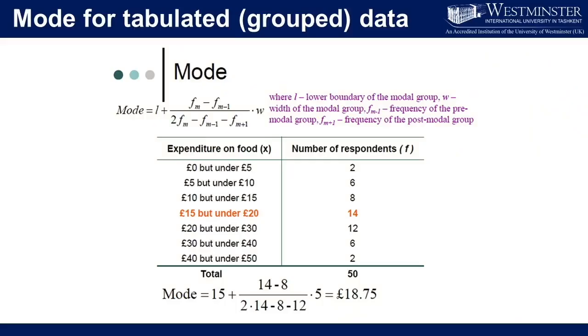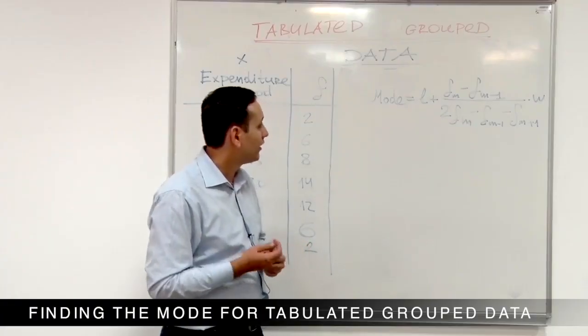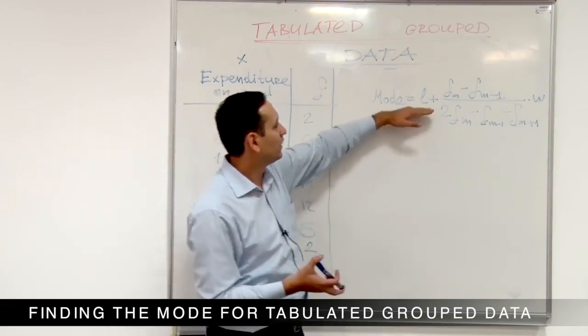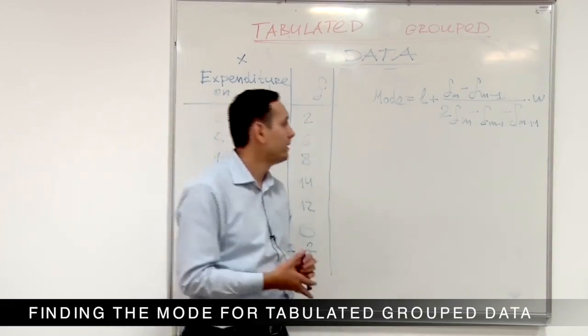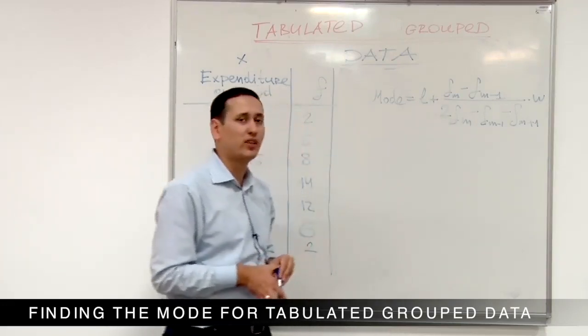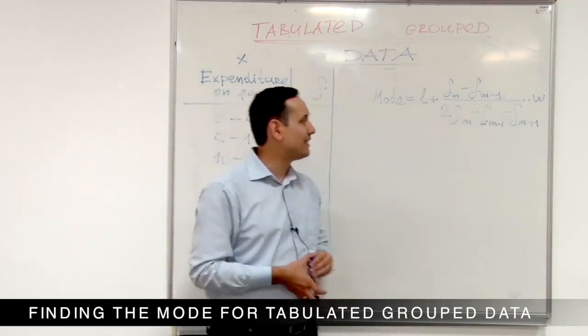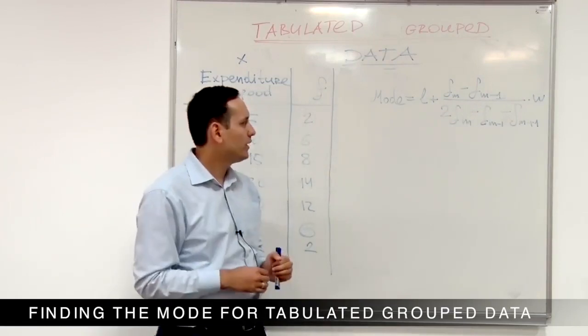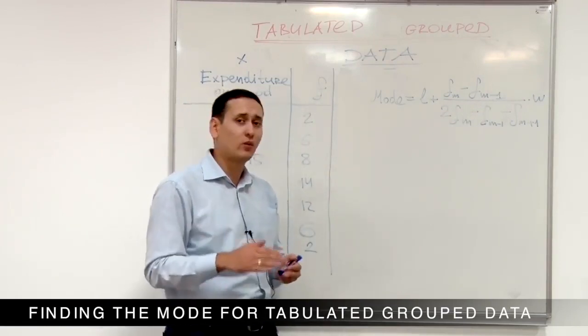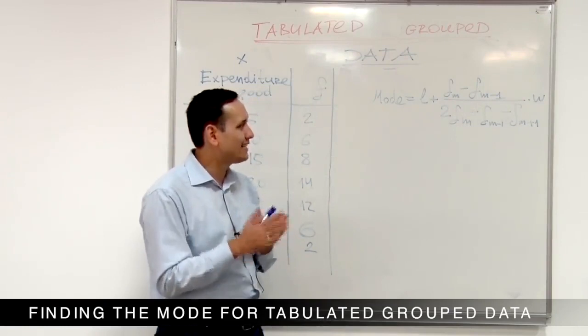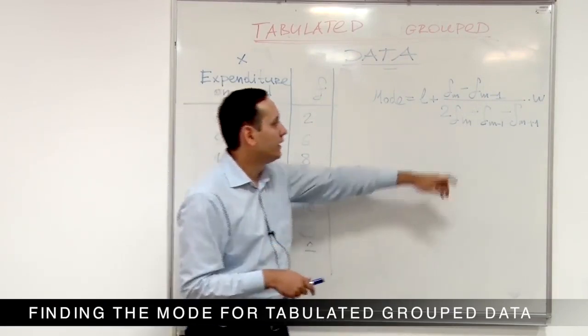Now we'll talk about how to find the mode for grouped data. And for this we have a formula. So this is the formula to find the mode for grouped data, where L is the lower boundary of the modal group, Fm is the frequency of the modal group, Fm-1 is the frequency of the pre-modal group, meaning the frequency of the group that is before the modal group.